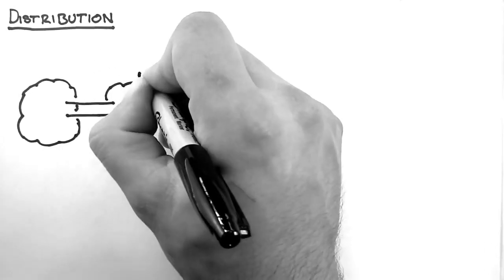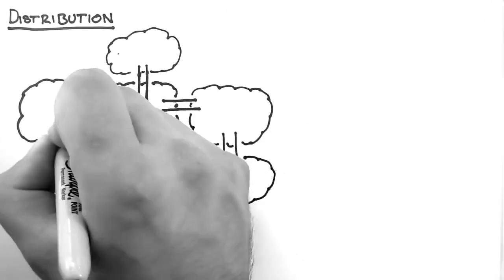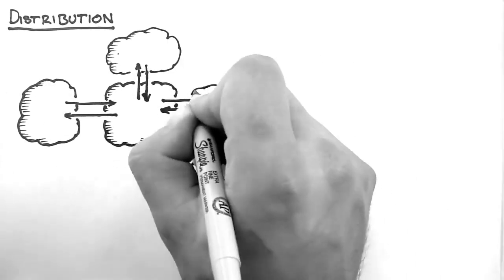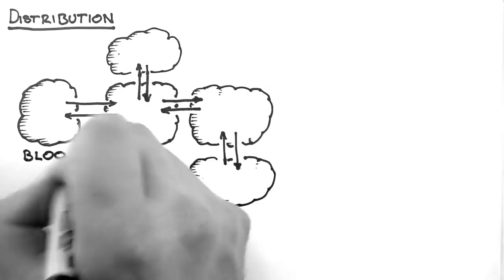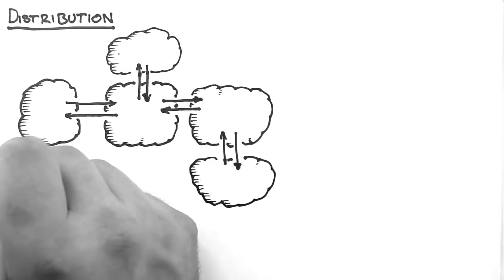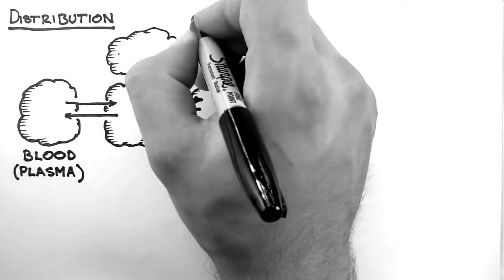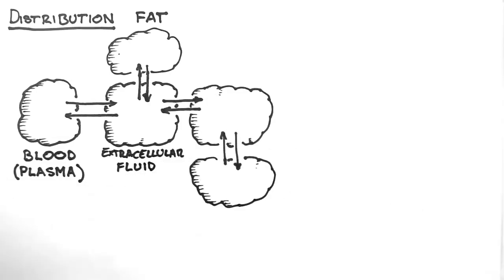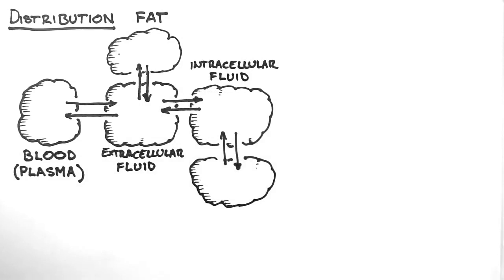For the purposes of distribution, we can consider that the body is made up of four major compartments, which are really collections of fluid, and numerous minor compartments. These major compartments are the blood, or strictly speaking, the plasma, fat, extracellular fluid, and intracellular fluid.